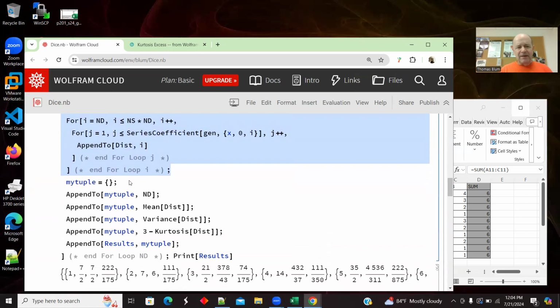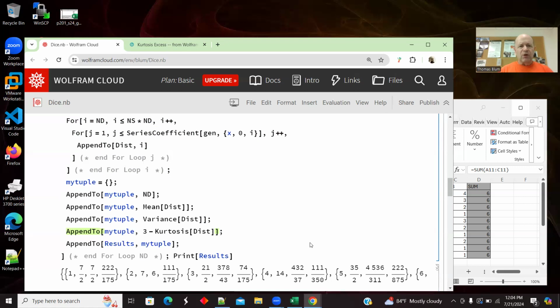So I'm making a tuple, and I'm just going to add some statistical properties. I'm going to add the ND, how many dice there were. I'm going to grab the mean of the distribution, I'm going to grab its variance, and then I'm going to play with the kurtosis. For a normal distribution, the kurtosis goes to 3.